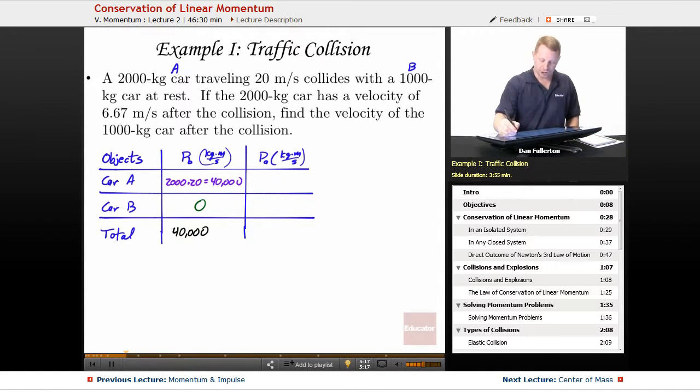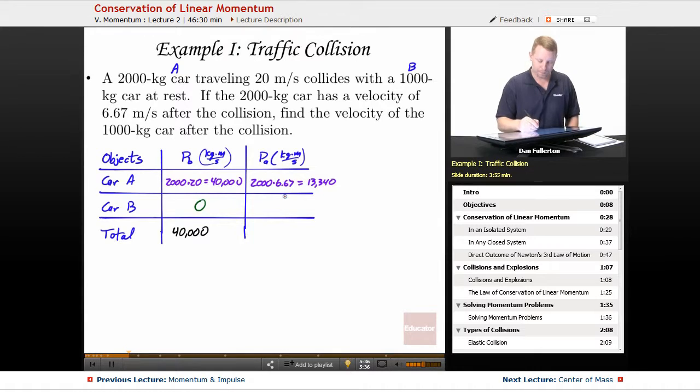Now, after the collision, car A still has the same mass, but its velocity is 6.67 meters per second. So its momentum after is 2,000 times 6.67, or 13,340 kilogram meters per second.